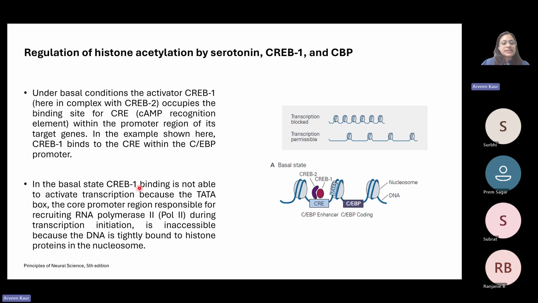In the basal state, CREB1 binding is not able to activate transcription because the TATA box, the core promoter region responsible for recruiting RNA polymerase 2 or Pol2 during transcriptional initiation, is inaccessible because DNA is tightly bound to histone proteins in the nucleosome, right? But later what happens?